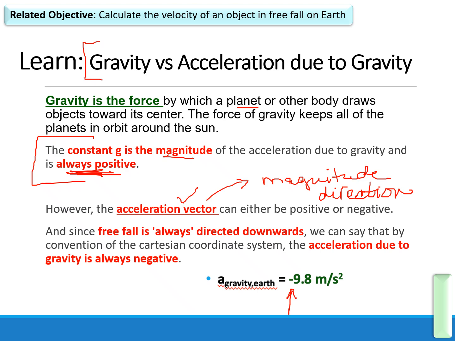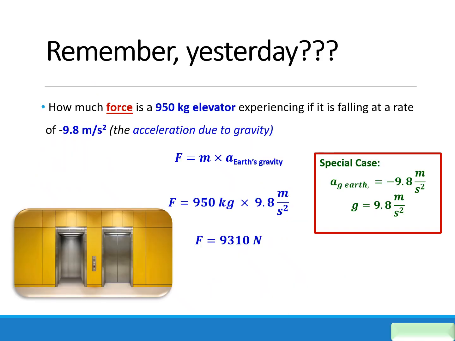Okay, so just kind of a side note in your pocket. And that's why yesterday, when we were talking about the force of an elevator as it was falling, we used the positive 9.8 meters per second squared. That's because, again, we were talking about the force of gravity that Earth was pulling on us, right? We weren't talking about the acceleration of gravity. We were talking about the force of Earth's gravity.